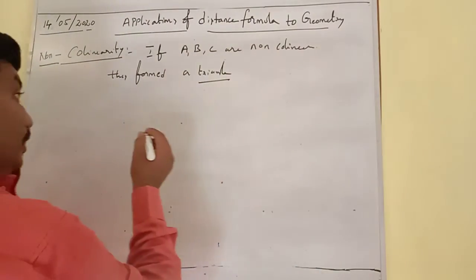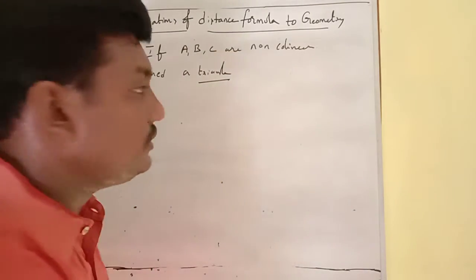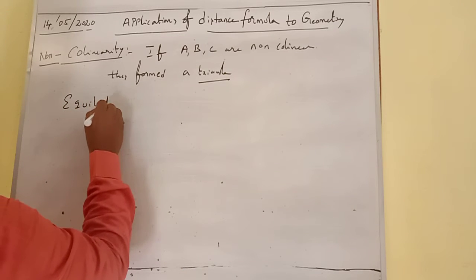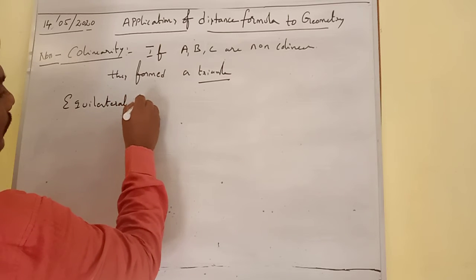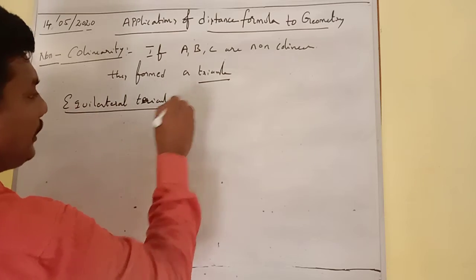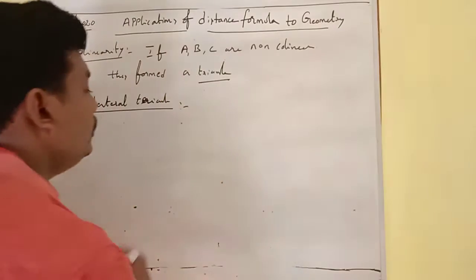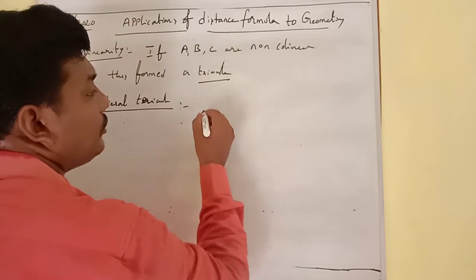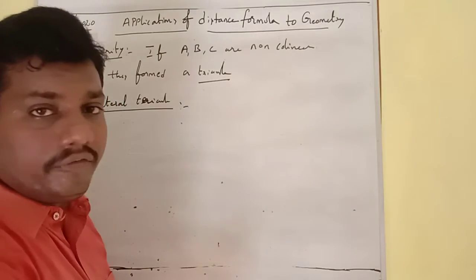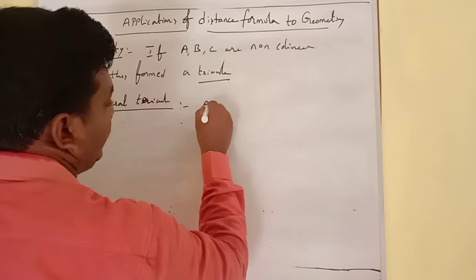Next, types of triangles based on the sides. First we have the equilateral triangle. If any triangle is equilateral, what do we have to know?